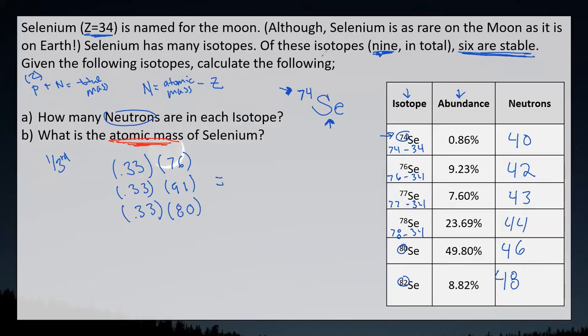And you want to know what your grade is going to be before it's posted. So you calculate all this and add it together. So 0.33, I'm making these numbers up on the fly. So I am doing the math in real time. 25.08, 30.03, 26.4.